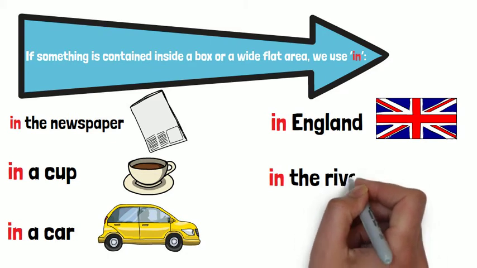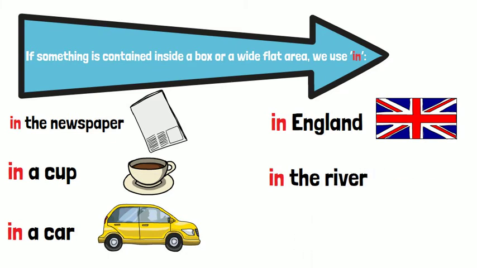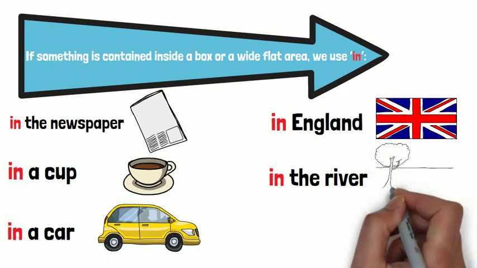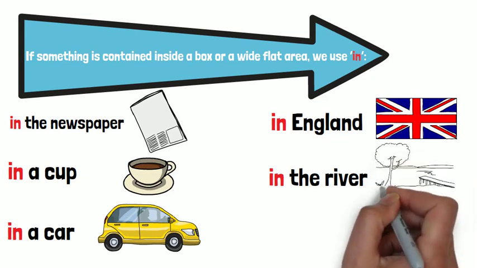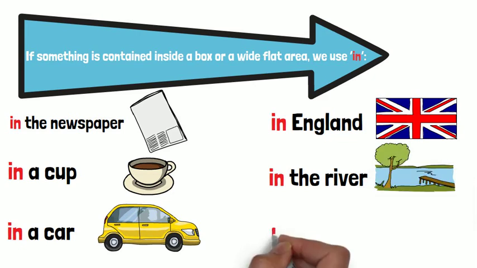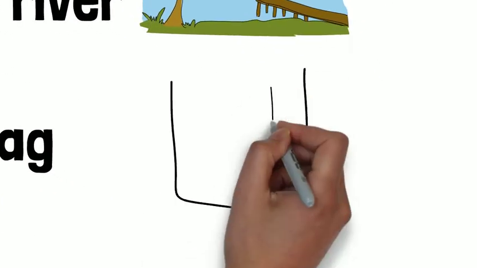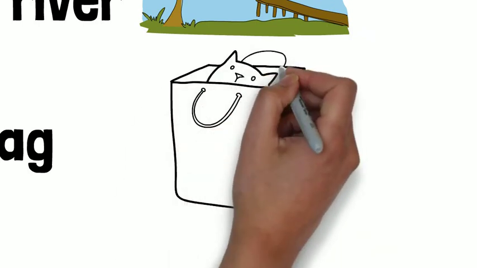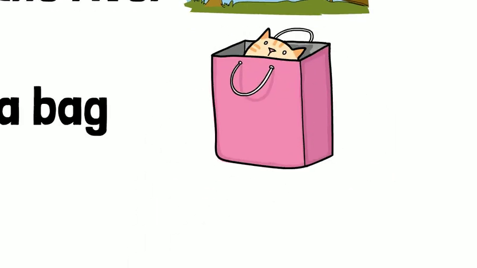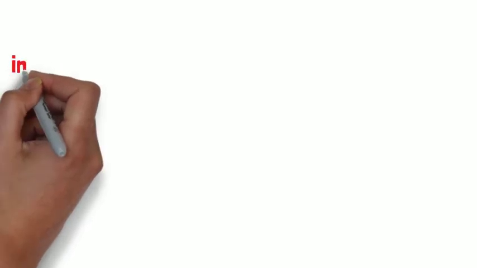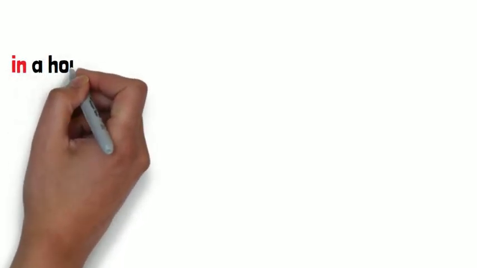In the river داخل النهر، يعني السمكة داخل النهر or whatever. In the river نستعملها عندما تكون يعني شيء داخل شيء، مثل in a bag داخل الحقيبة. Another example, in a house داخل المنزل.